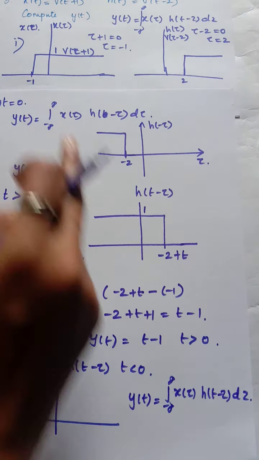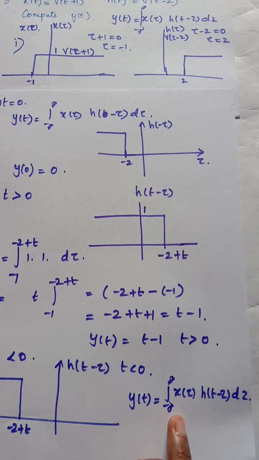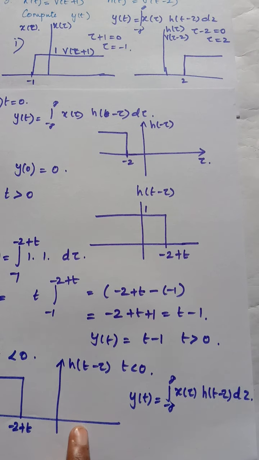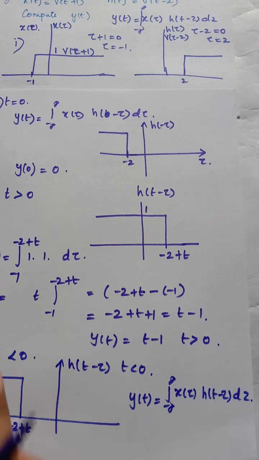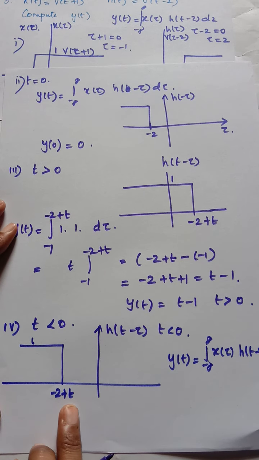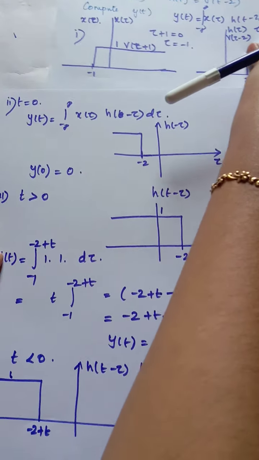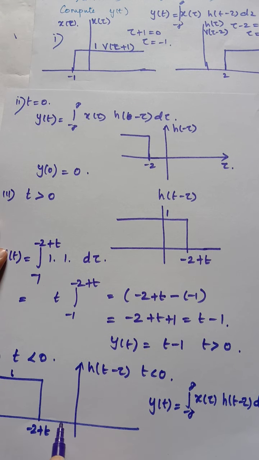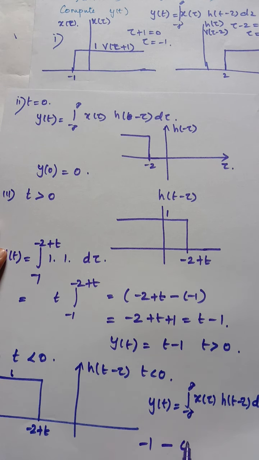I need to compare these two, but there is no overlap on the positive side. Now consider the negative side. Here I am having minus 1, here it is minus 2 plus t. But I don't know when the overlap will occur, because I substitute t equal to a negative value. If you want to get overlap, the signal should lie between minus 1 and 0, right?